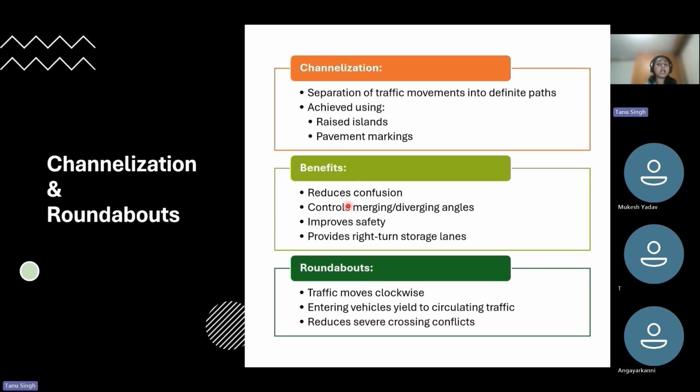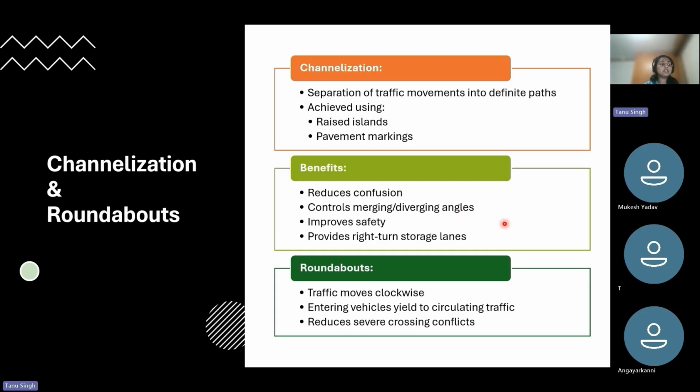controls merging and diverging angles, which were different previously, but now are channelized into a specific pattern. It also improves the overall safety. It also helps in providing right turn storage lanes so that turning vehicles do not disturb through traffic.